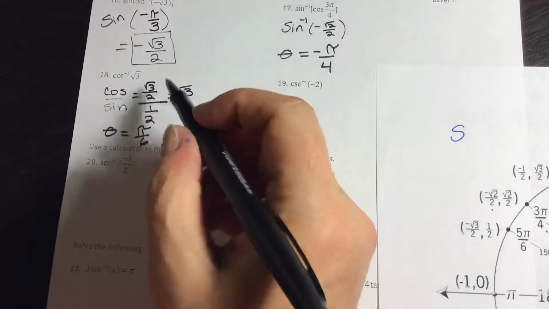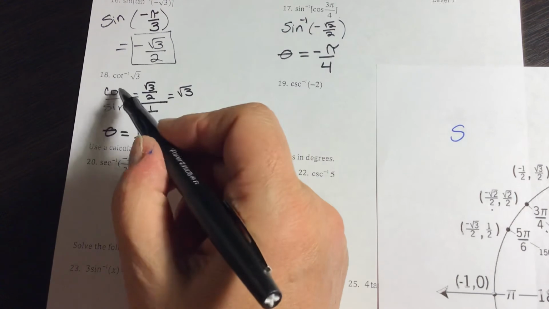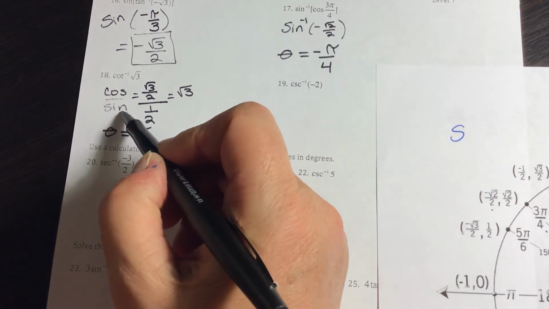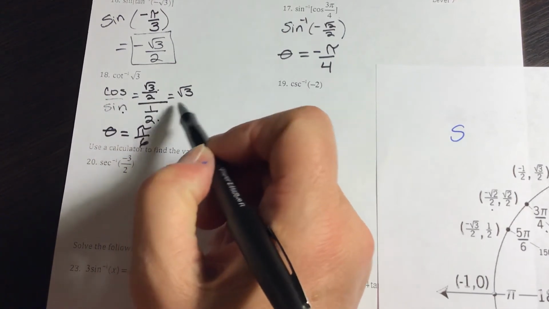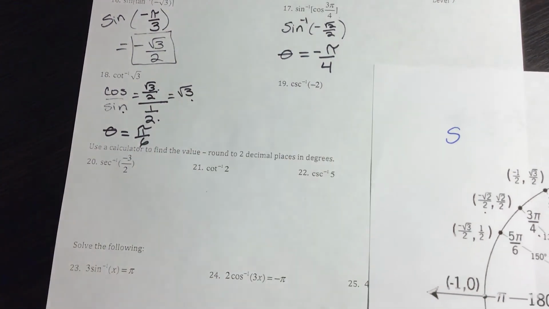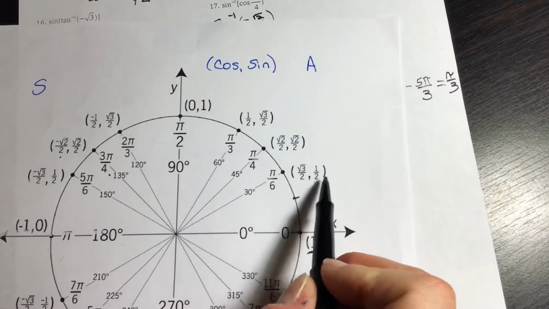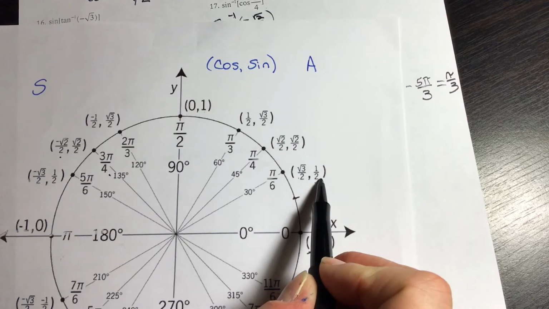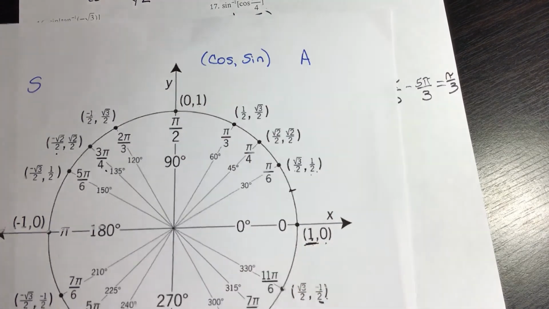All right, so I was just checking here to make sure that cosine divided by sine was square root of 3, and that angle with cosine divided by sine was pi over 6.